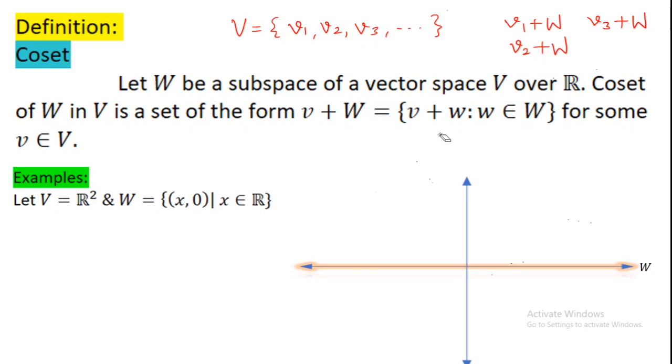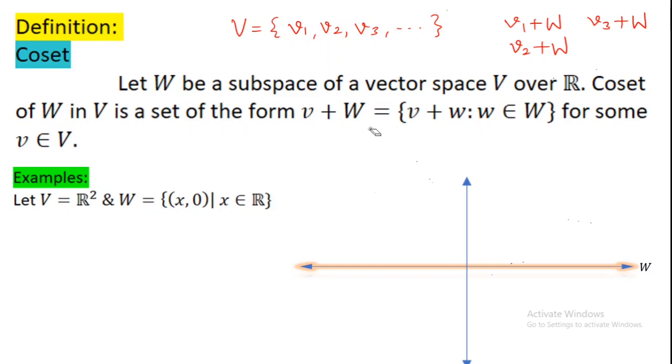You simply add all the elements of W to the element v. I will repeat again. You simply add all the elements of W to v. Or in other words, you add this v to each and every element of W.